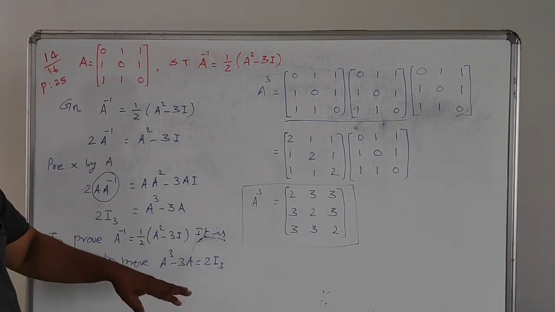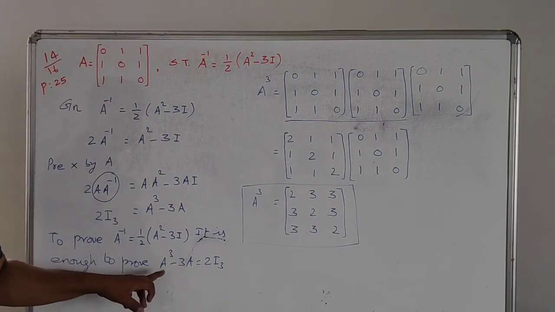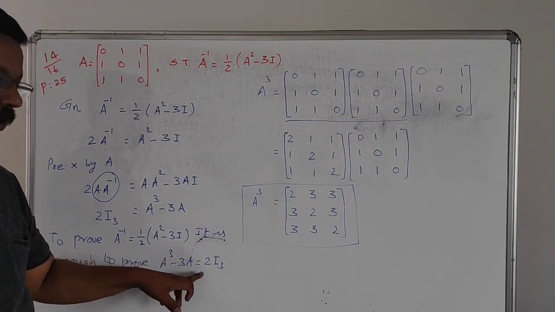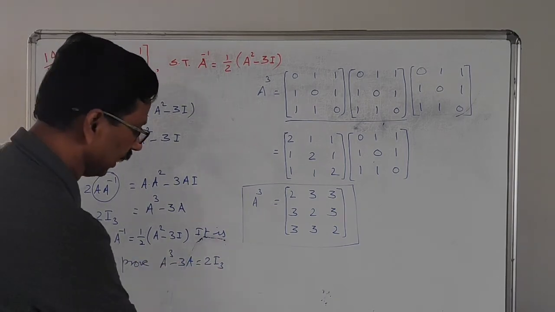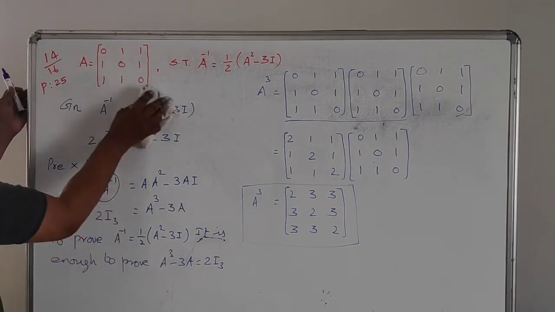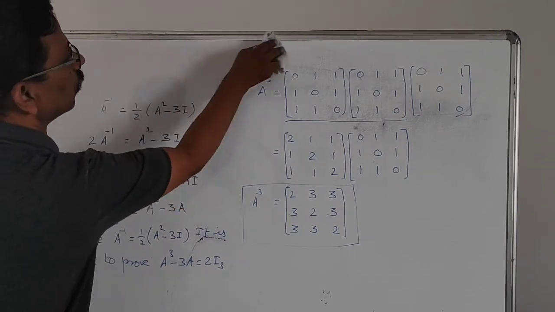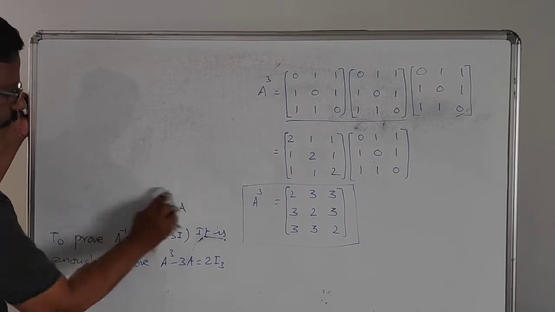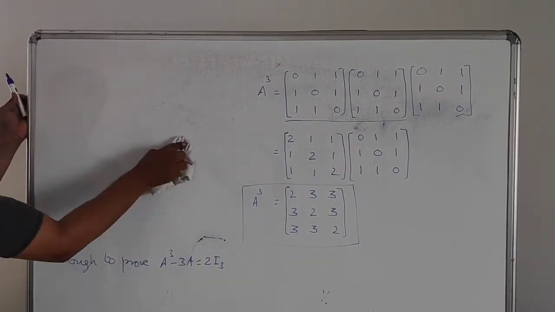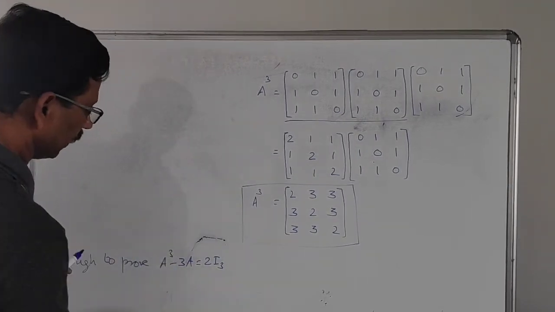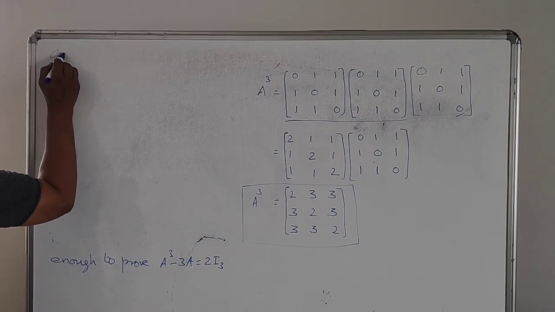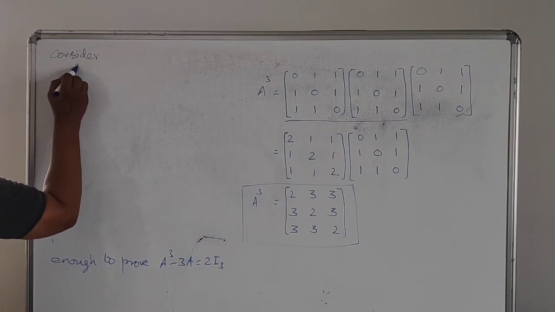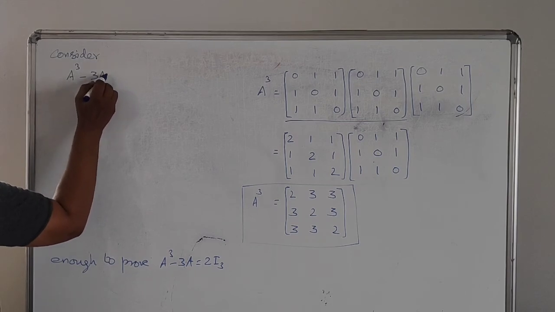Now, after finding A cube, what do I have to do? A cube minus 3A. From this A cube, you have to subtract 3A. Then you have to check whether it is equal to 2I3. For that, we can consider A cube minus 3A.